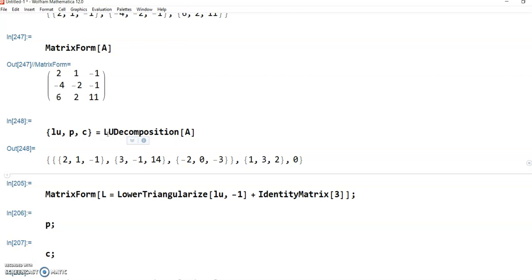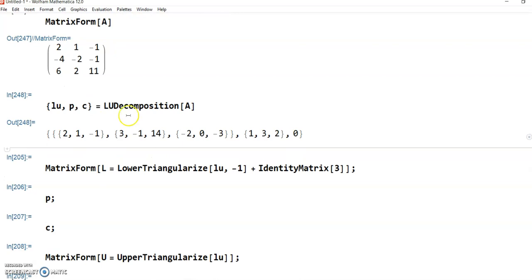By allowing the interchanging of the rows, we may find the LU decomposition. So in this case, this command has suggested that, okay, why not change row 3 to row 2 and row 2 to row 1, and then I will give you a good answer for the LU decomposition. So this is the only thing over here.